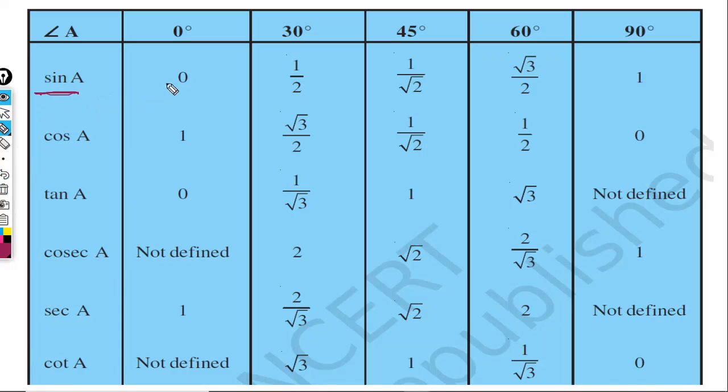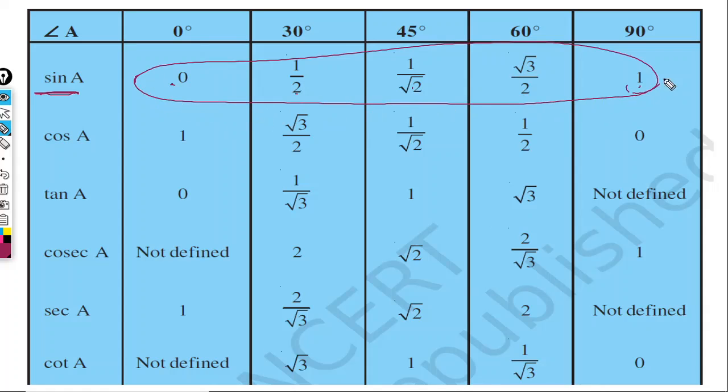Here sine A equals 0, 1 by 2, 1 by root 2, root 3 by 2 and 1. If you see one thing here, sine 90 is equal to cos 0. Again sine 60 is root 3 by 2, and cos 30 is the same. Again 45 degree is the same for both.